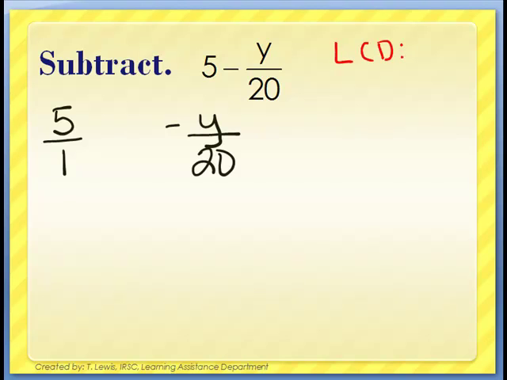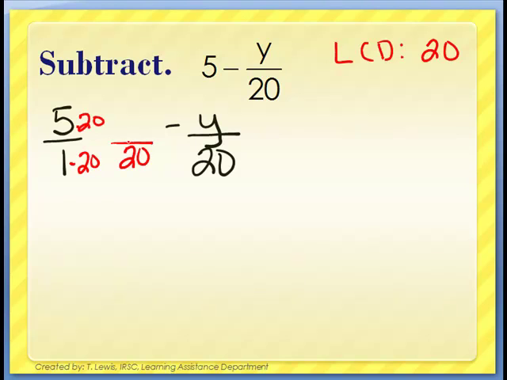And the LCD is 20. So we just need to convert the first fraction into 20ths. 5 over 1. What will we have to multiply 5 over 1 by to get it into 20ths? So we're going to multiply by 20.